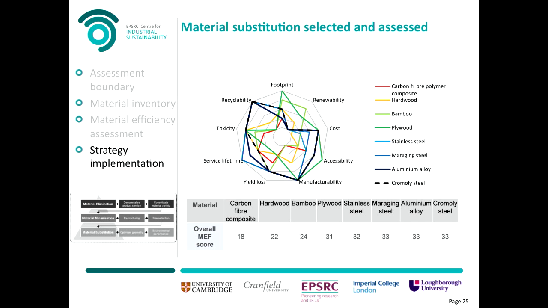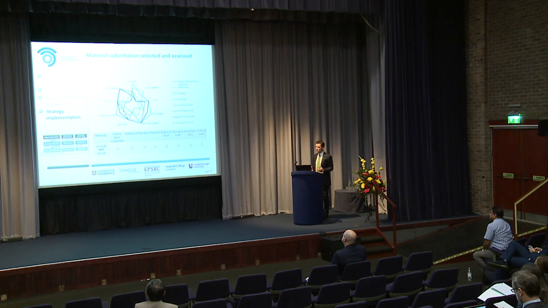So this is just a quick description of how this design for material efficiency methodology could look and be applied to a simple product. We've got another case study of a slightly more complicated and technical product, but I'm not going to go through that today. It's a photovoltaic panel, but it'll be in the paper that's coming out soon, hopefully.